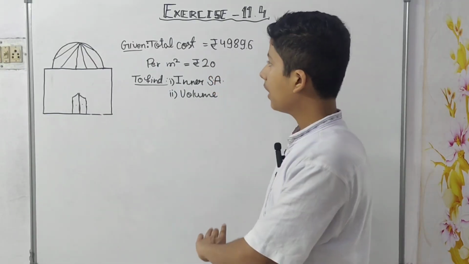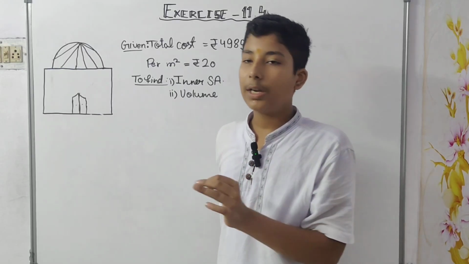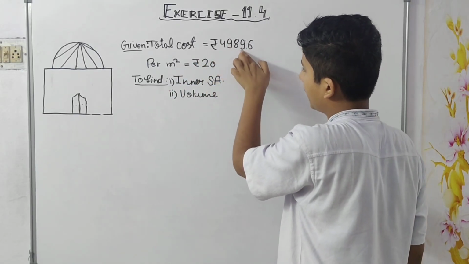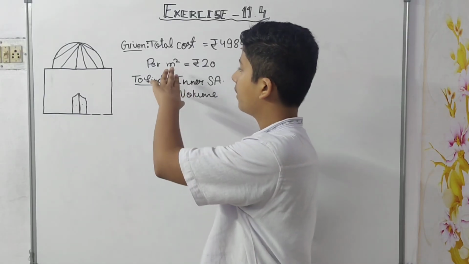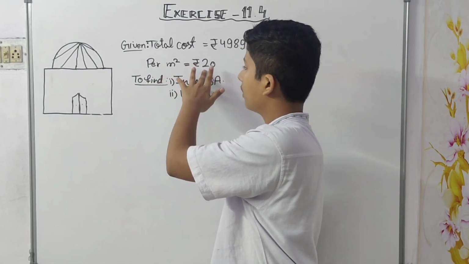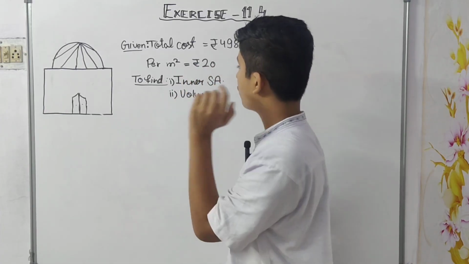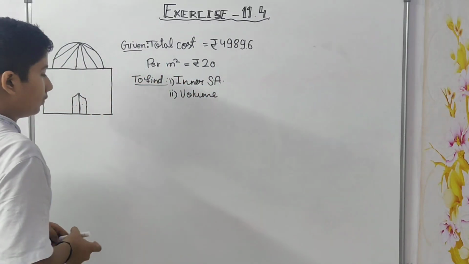Now, it is given that the total cost which the building owner had to pay was rupees 4,989.60, and the cost per meter square was rupees 20. So we have to find out the inner surface area and volume.